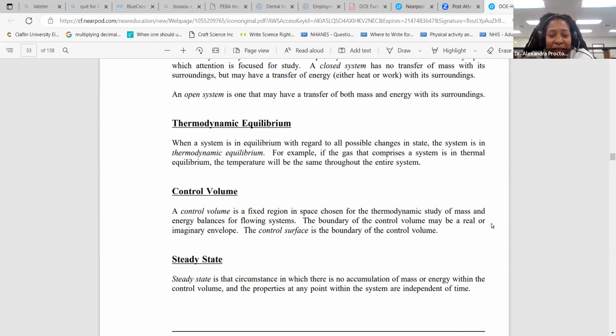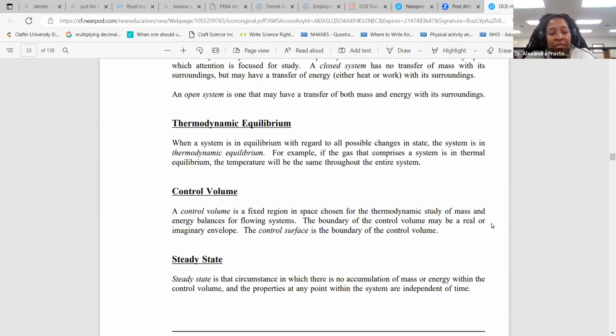That's the best way we can think about what happens when we graph out this control volume. The control surface is the boundary of the control volume.